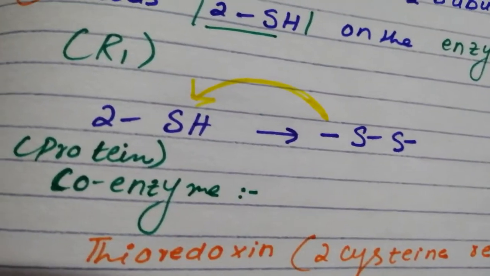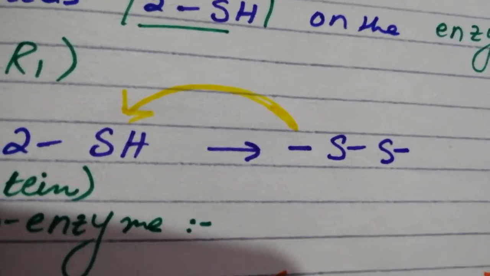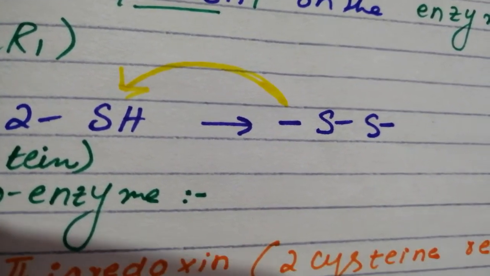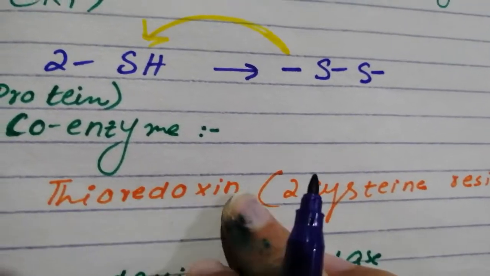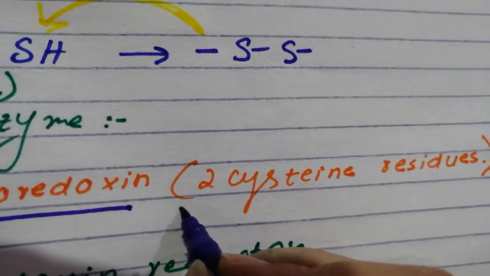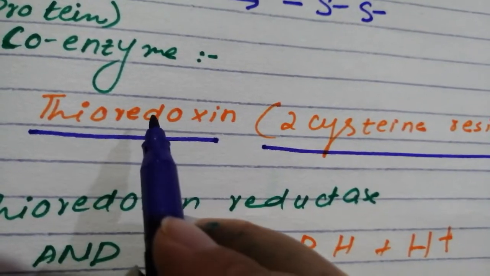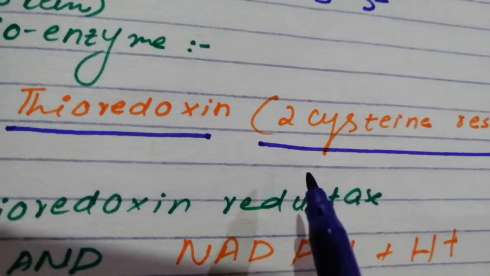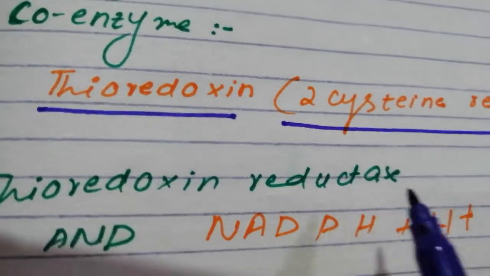And for that we have the protein coenzyme. This is another important property. They ask you about the protein coenzyme of ribonucleoside diphosphate reductase. So what is the protein coenzyme? And the answer is thioredoxin. The thioredoxin similarly has 2 cysteine residues, and its sulfhydryl groups are similarly oxidized to the disulfide bridge, and in order to regenerate the coenzyme in its original form, you need an enzyme.